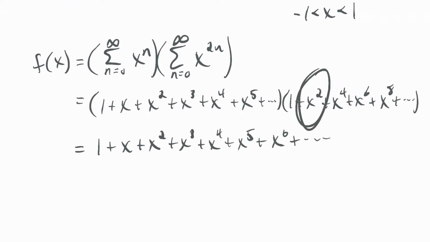So now I want x squared times each of these. So x squared times 1 would be x squared, times x would be x cubed, x to the fourth, x to the fifth, x to the sixth, and so forth. And I'm going to write this starting here under x squared.